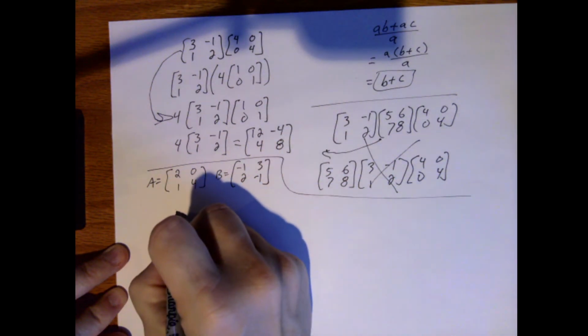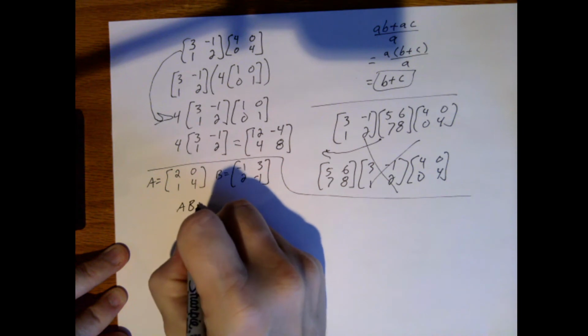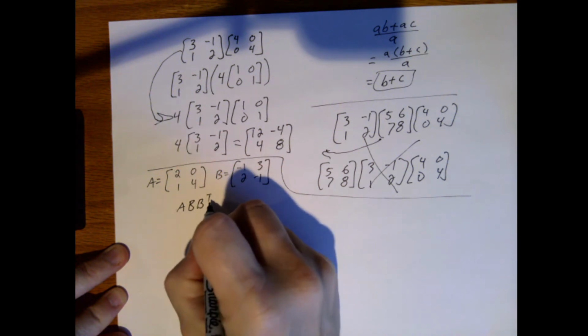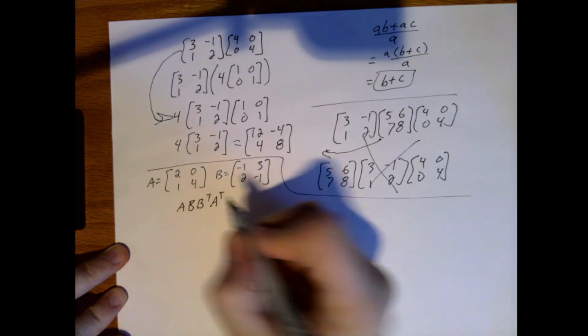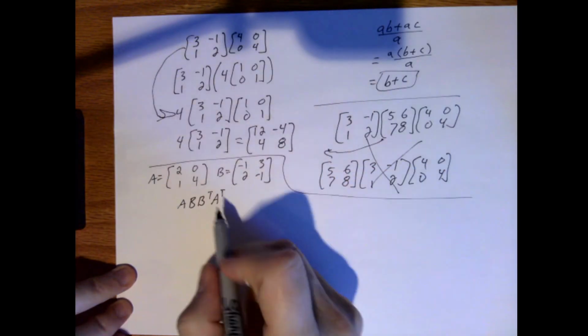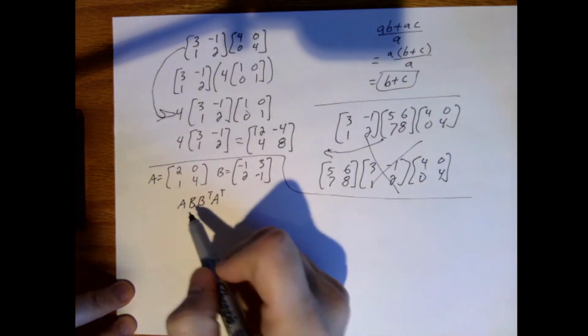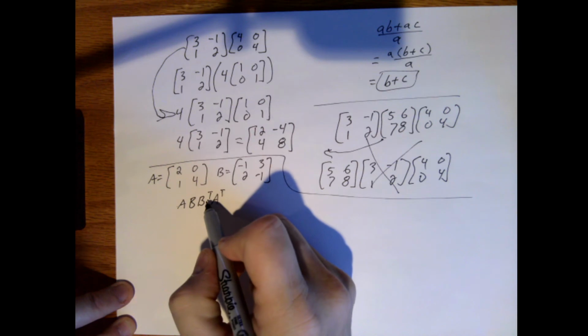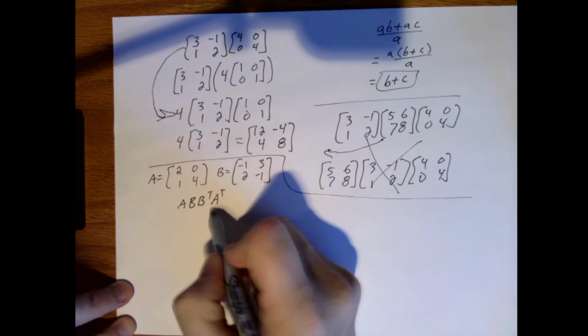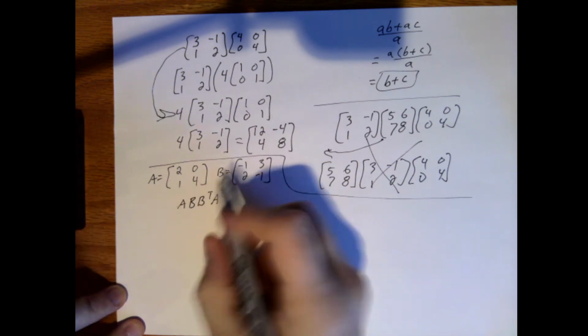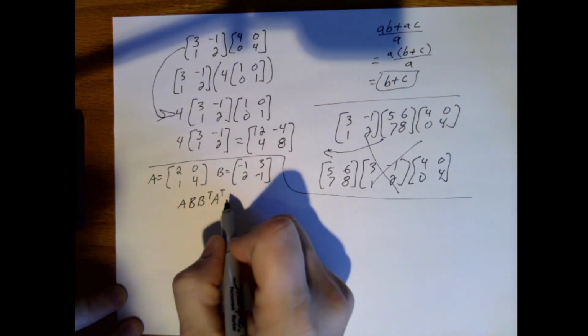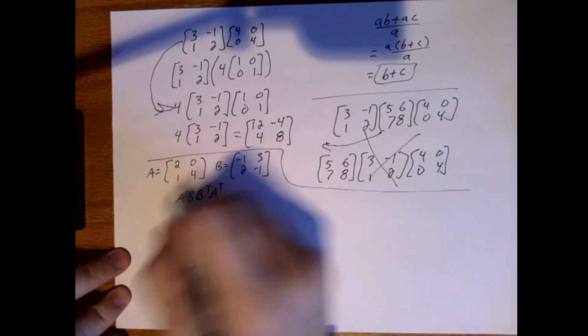And I want to evaluate this expression. Once again, I could figure out what B transpose is, which is easy to do, A transpose, easy to do, and then I could take the 4 matrices and multiply them together. But can we be smarter about it?